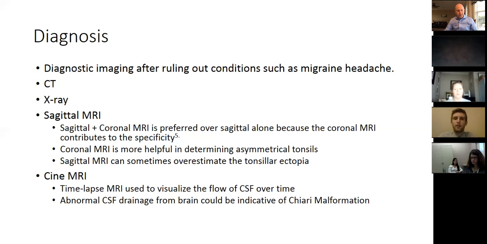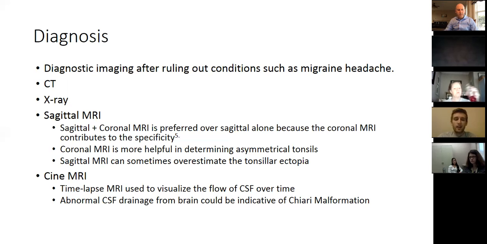Does the right extend farther down than the left? It helps you develop a picture from there. The sagittal MRI alone can overestimate the tonsillar ectopia, whereas with the coronal one, a good radiologist can tell you how many millimeters each cerebellar tonsil is extending below the foramen magnum.